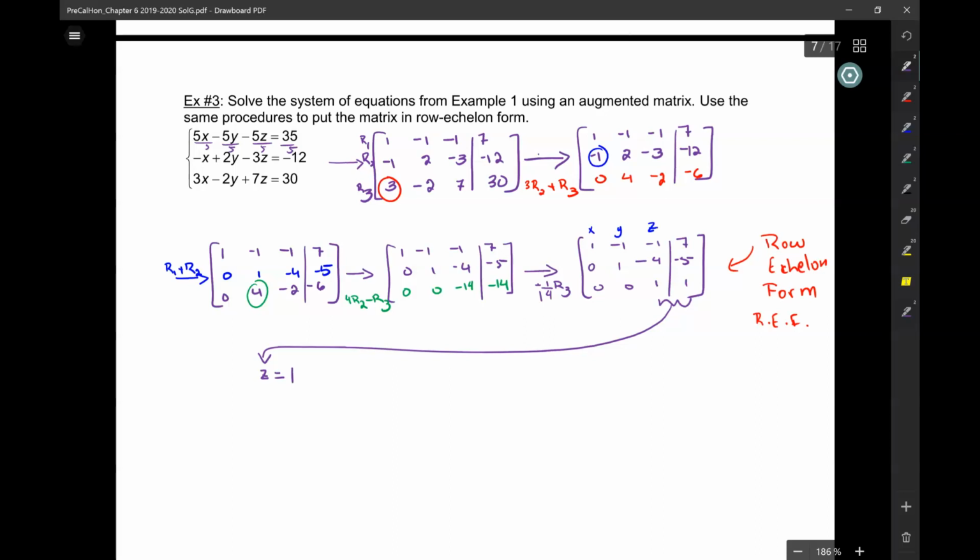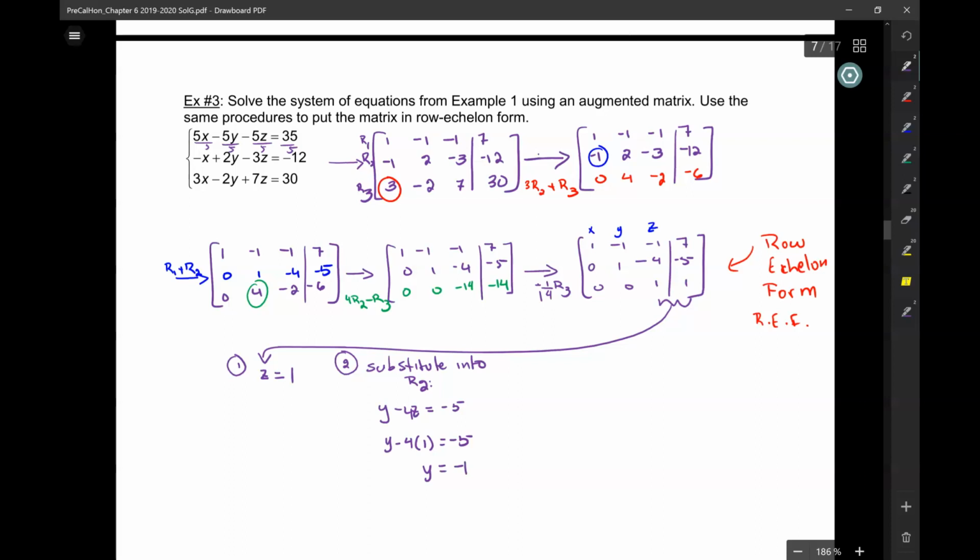Okay? Then substitute into row 2. And I get y minus 4z is equal to negative 5. Y minus 4 times 1 is negative 5. So what's y?